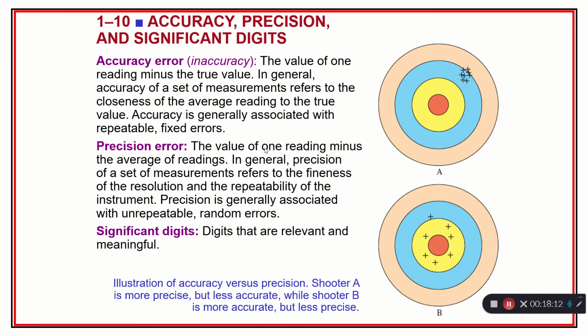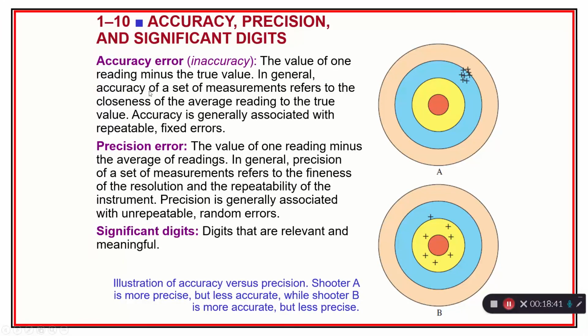So you can see this is a classic thing where you can see accuracy or inaccuracy. You can see that it's not in the bullseye, but I have a nice grouping, right? I'm sorry, I have to read this again. I get these confused all the time. The value of one reading minus the true value.